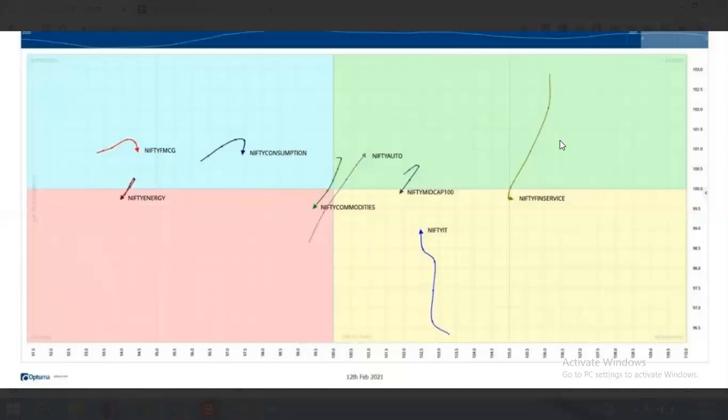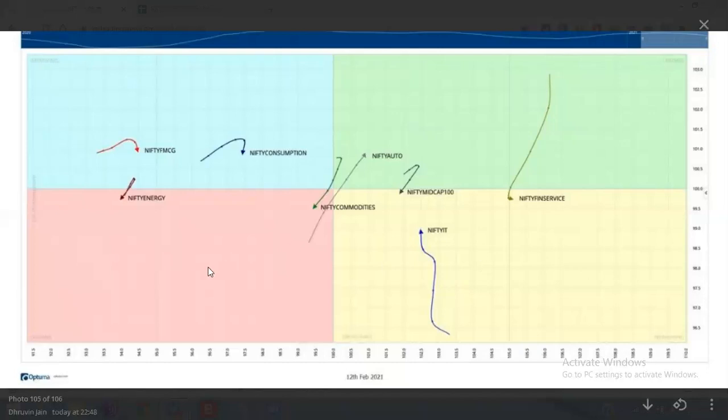Leading, which is green, has strong RS and strong momentum of RS. Weakening, which is the yellow region, has strong RS but weakening momentum.